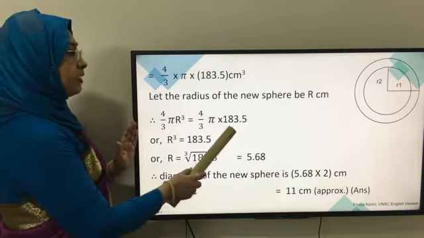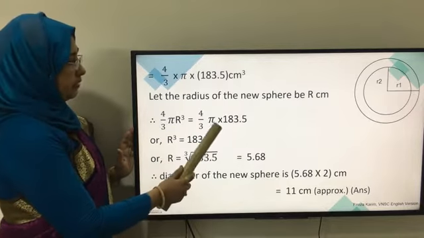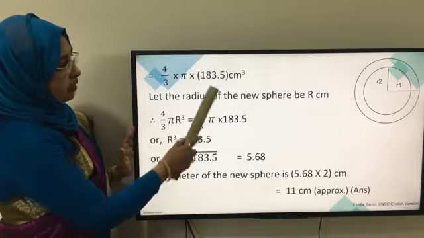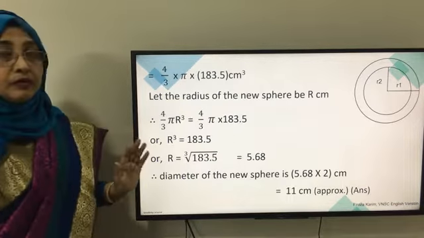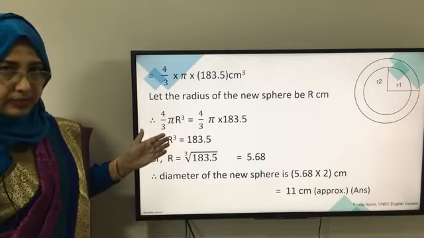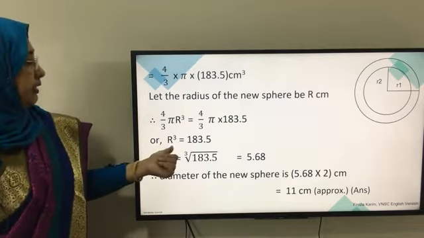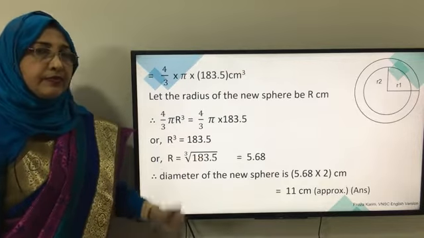So the volume of iron should be equal, and we write 4 by 3 pi R cubed equals 4 by 3 pi into 183.5. Now cancel the common terms from both sides. We get R cubed equals 183.5.